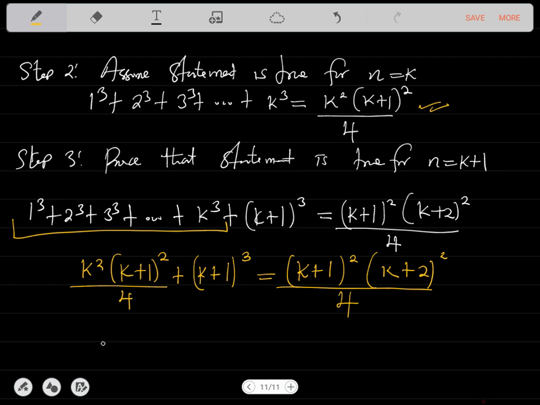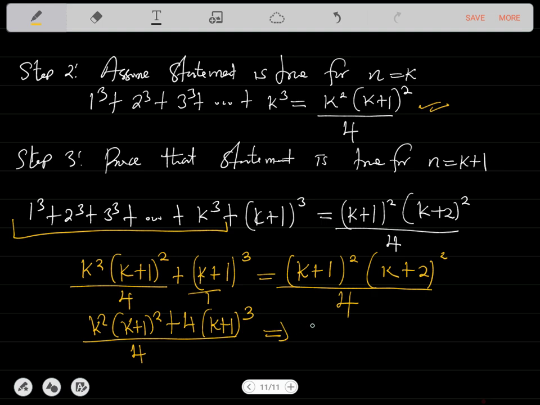So let's do it. The common denominator is 4. So here I'll just get k squared, there's 1 here, so 4 multiplied here, with the cube like that.